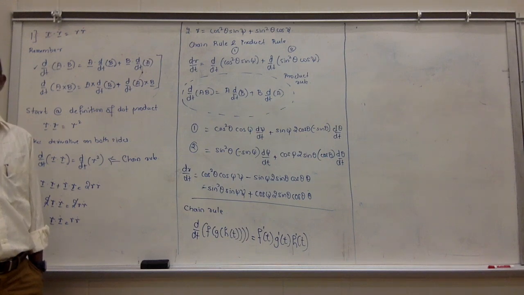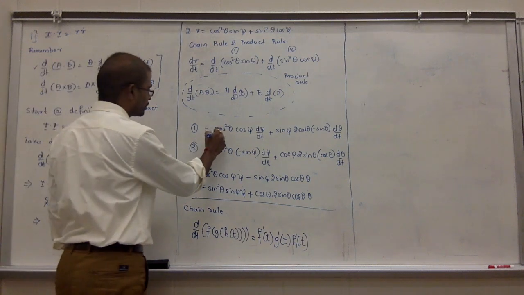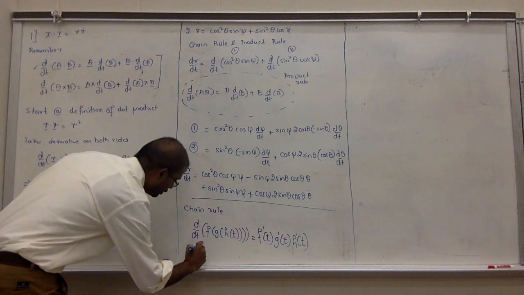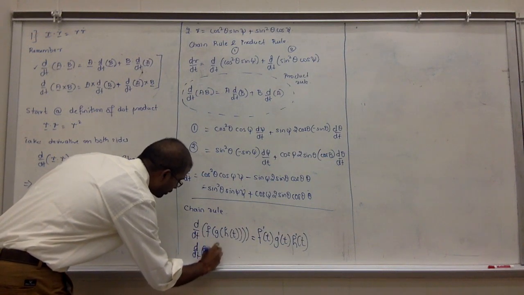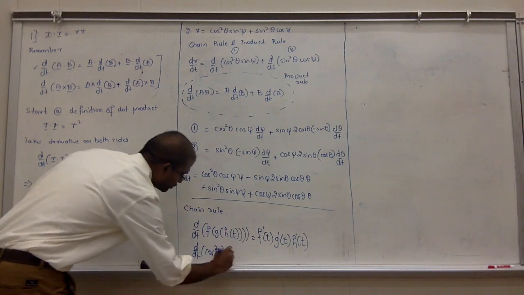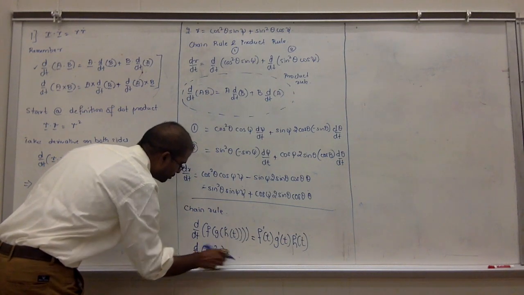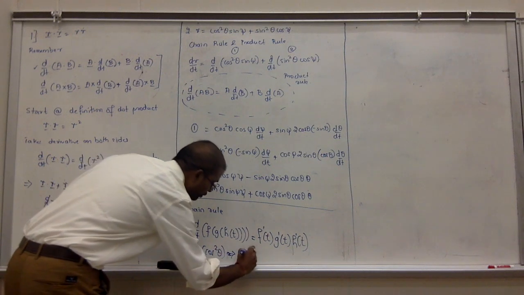If you think about this function for a while: d over dt of cosine square theta. What is this? Here theta is actually h of t.